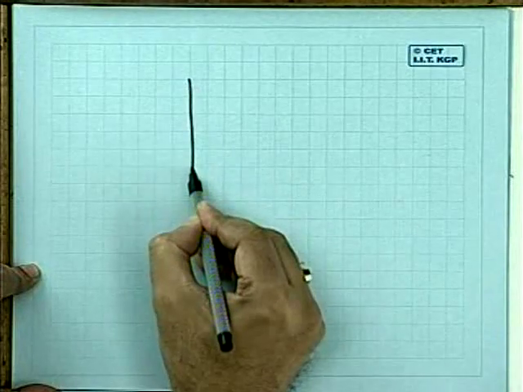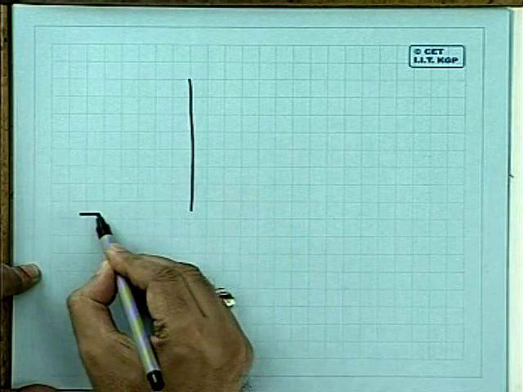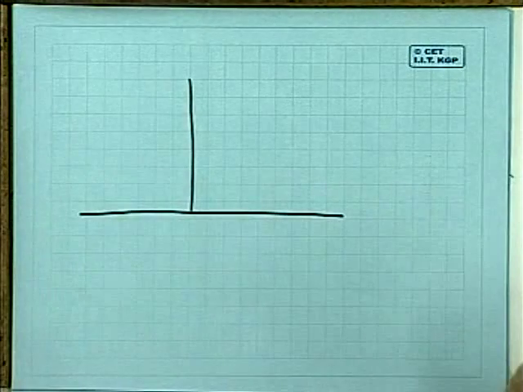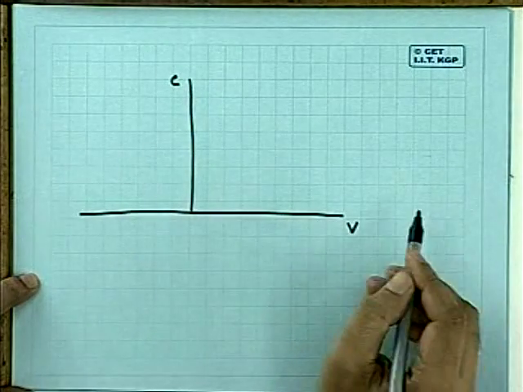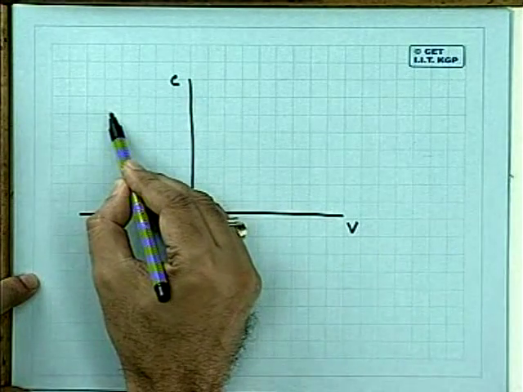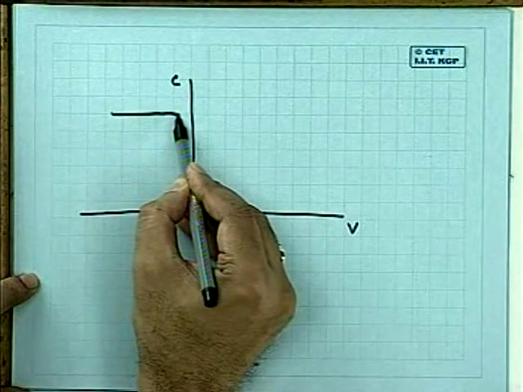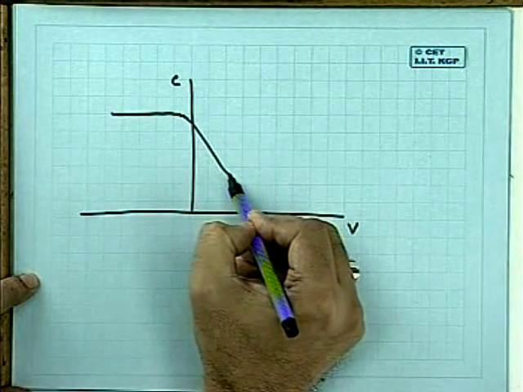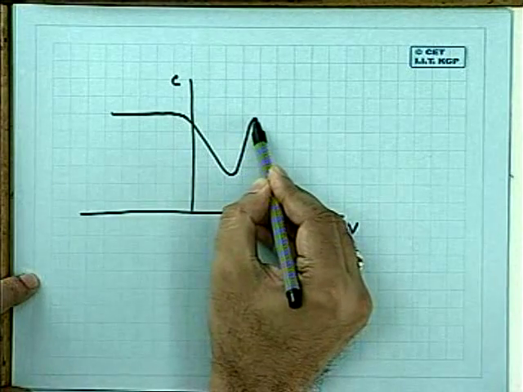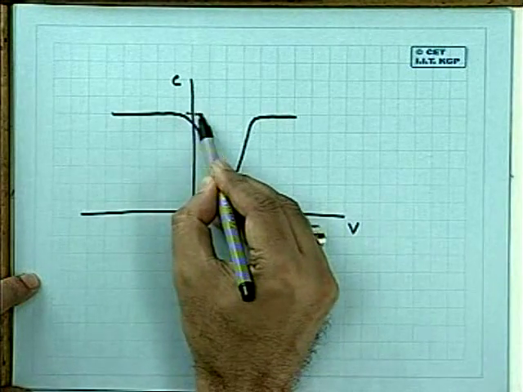First, let me see what is the effect of the flat band voltage, which we have so far not considered. The C versus V plot which I initially drew, the ideal CV, was like this.